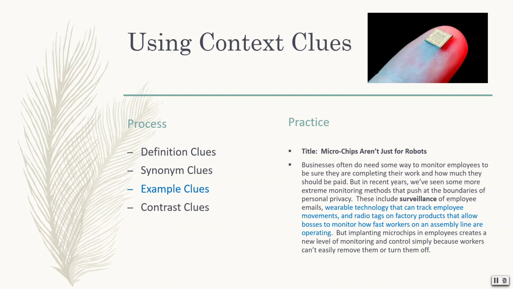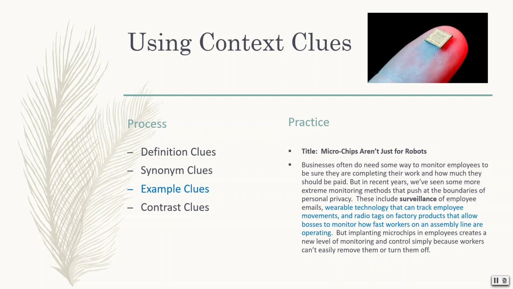So they have the word surveillance, and then they give these examples so we can kind of guess what surveillance means. Basically, it means tracking, right, or keeping track, whether it's monitoring, keeping track. This is all surveillance, watching over their employees in some way, shape, or form.